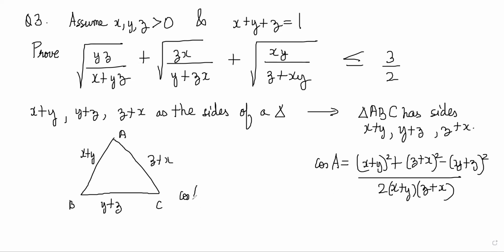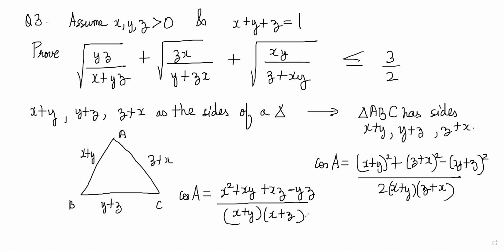This simplifies as cos A becomes x square plus xy plus xz minus yz divided by x plus y into x plus z, right? We have this as our cos A in this triangle, right?